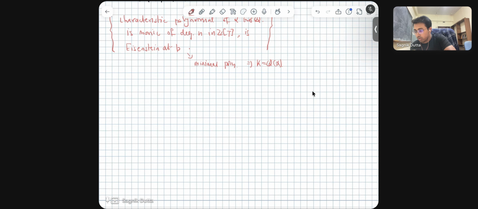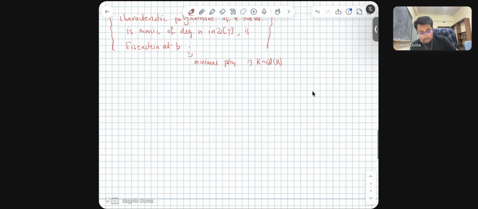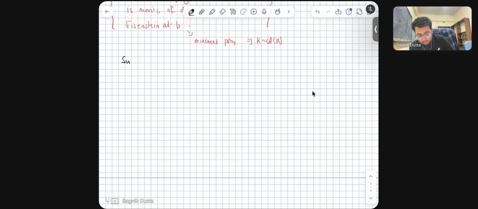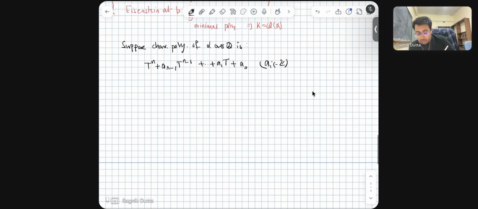So for that, let's take some polynomial which is supposed to be the characteristic polynomial. Suppose the characteristic polynomial of alpha over Q is t^n + a_{n-1} t^{n-1} + ... + a_1 t + a_0, where all these are integers.